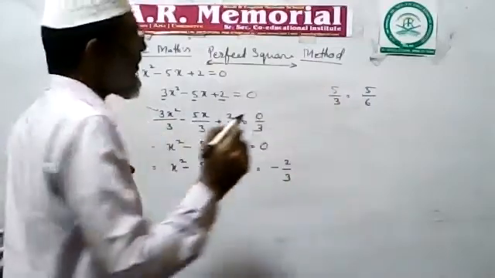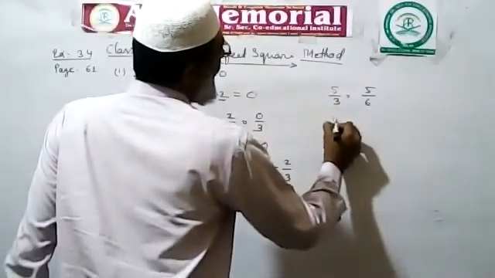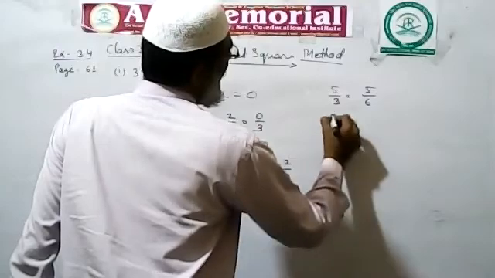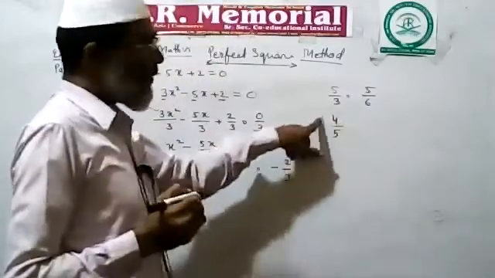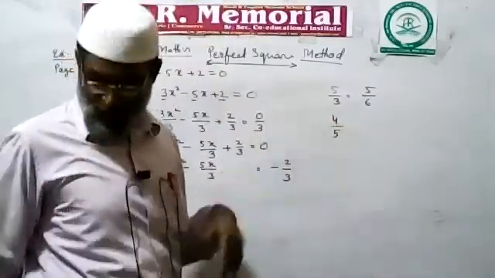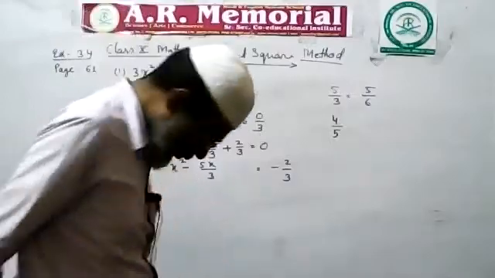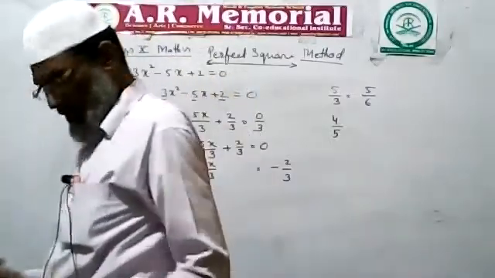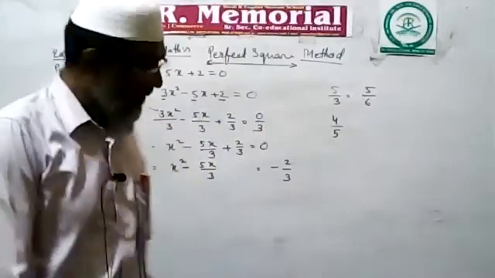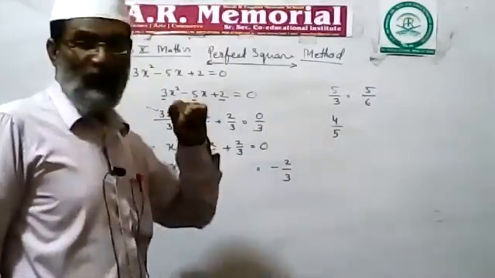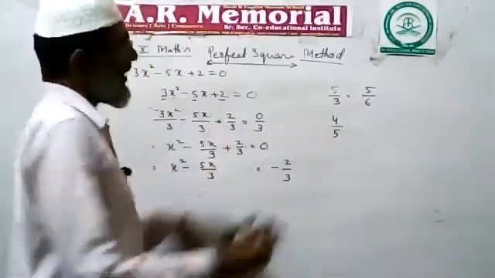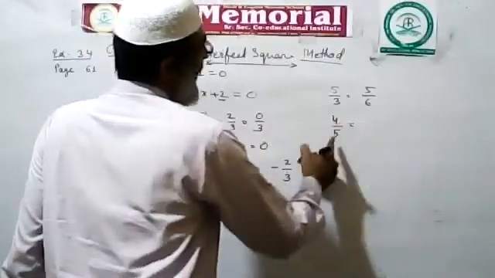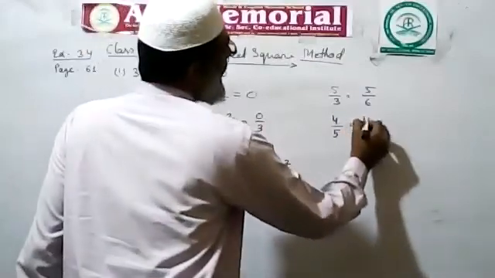At the time also like this, 4 upon 5. I want its half. I want half of 4 upon 5. First, double the denominator: 4 upon 10.